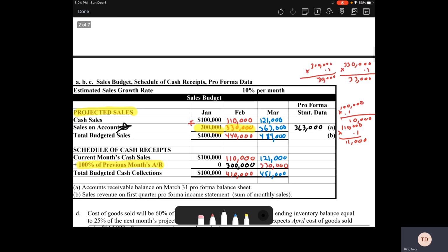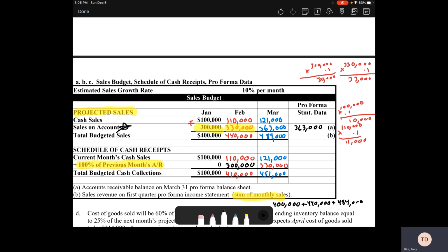And then our sales revenue on the first quarter pro forma income statement is simply the sum of all the monthly sales. So for that one, we're going to take your 400,000, because that's what we had projected for sales for January, plus your 440,000 because that's what we project for February, plus your 484,000 because that's what we project for March.